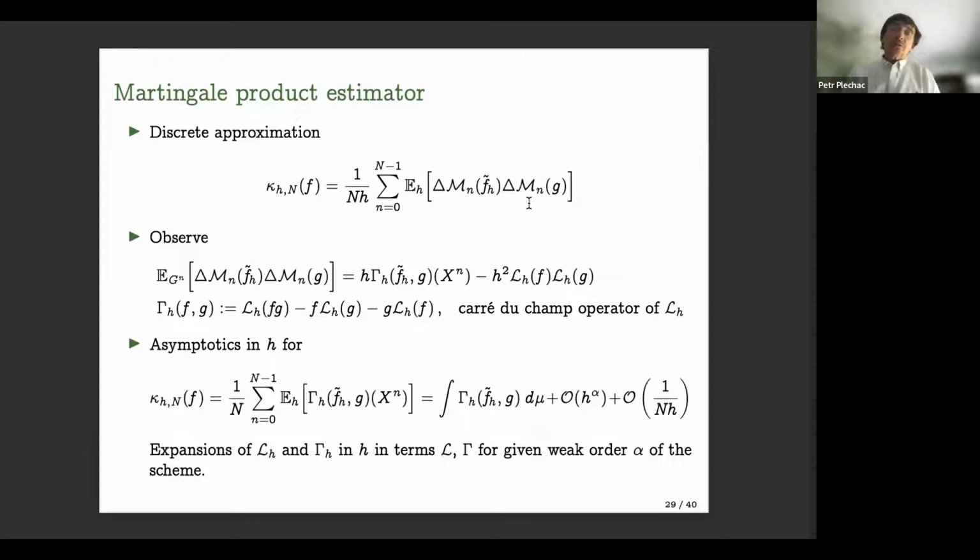Of course, that becomes a bit convoluted, so it requires developing some sort of calculus to properly handle all the terms in this discretization analysis.